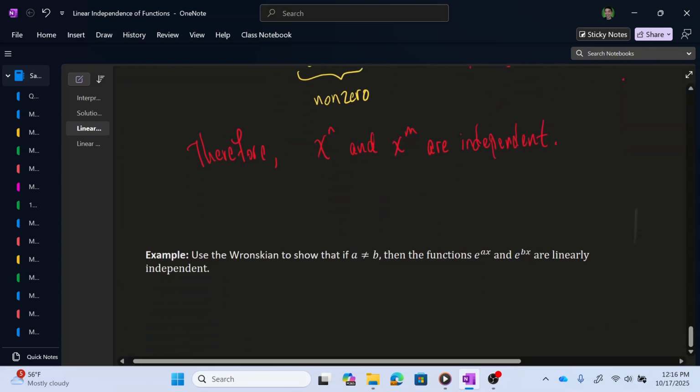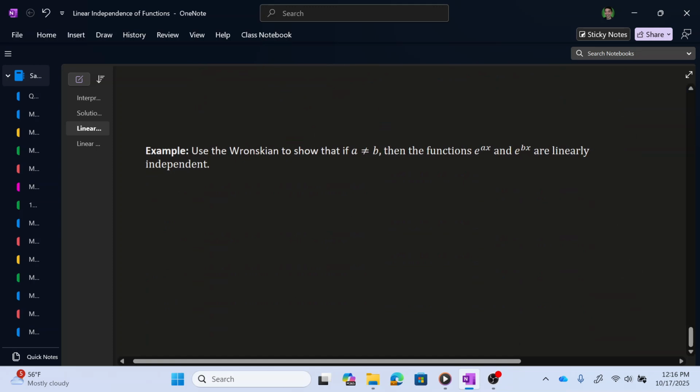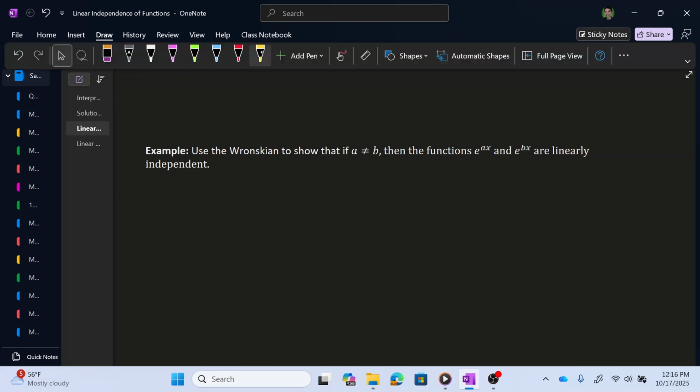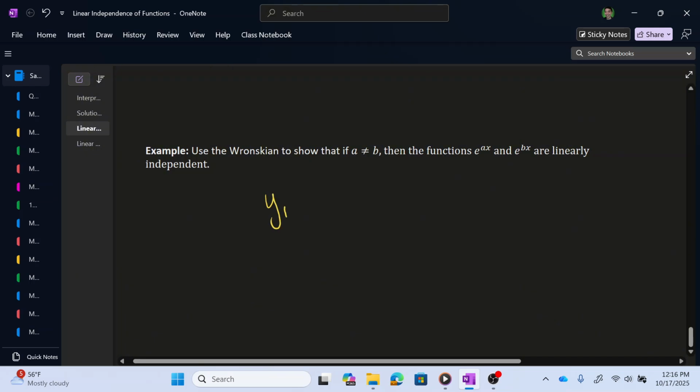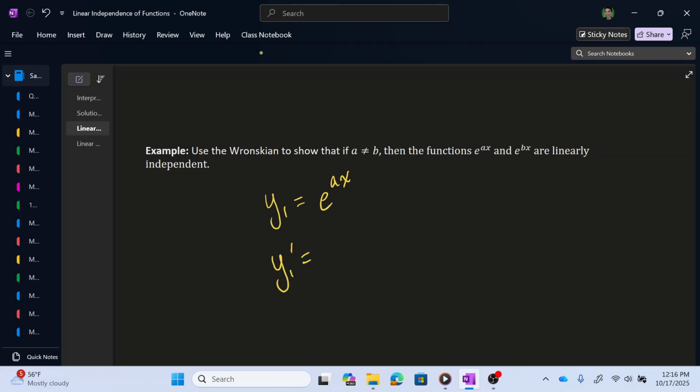One more time, just for the practice, let's use the Wronskian to show that if the number a and the number b are not exactly equal, then the functions e to the ax and e to the bx are linearly independent. Once again, all I have to do is throw these functions into the Wronskian and show that the result of the Wronskian is not equal to the 0 function.